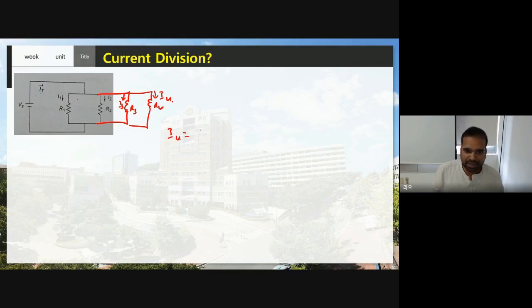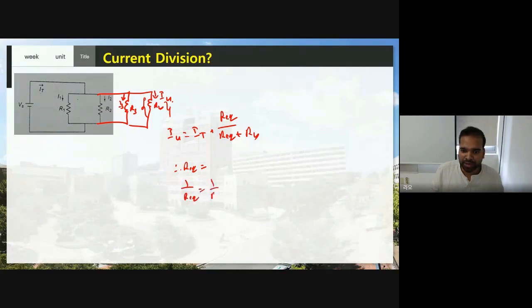The total current entering the circuit into R equivalent by R equivalent plus R4. Now what is the R equivalent? As you are finding current at R4, you should not consider this one. The opposite resistors are R1, R2, R3. Therefore 1 by R equivalent equal to 1 by R1 plus 1 by R2 plus 1 by R3. Now you need to keep the R equivalent value here.